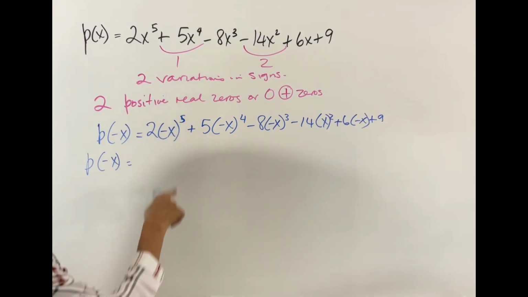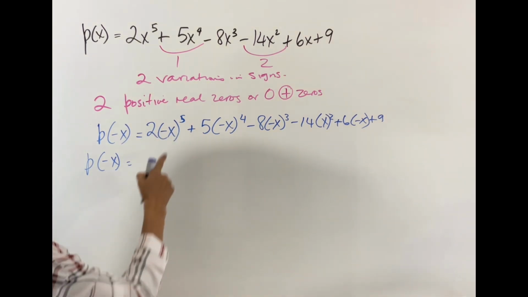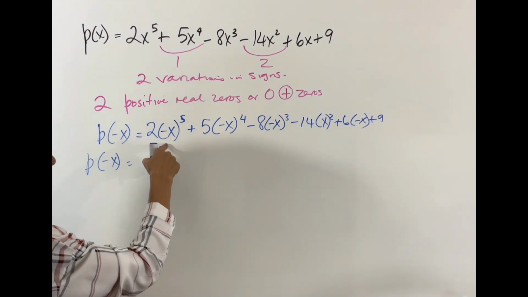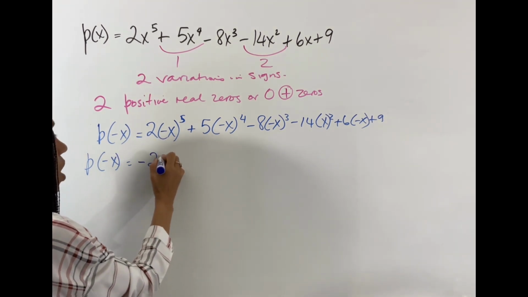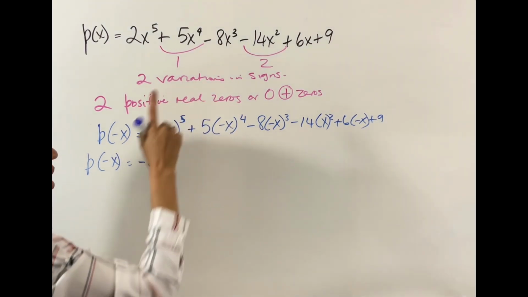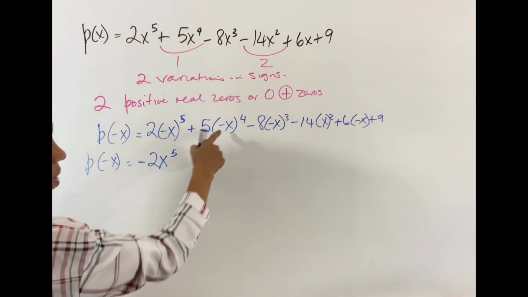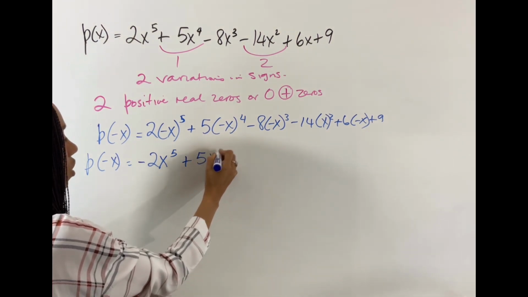Let's simplify this. Because our exponent is odd, this simply means that we will end up with a negative value here for the x. So we have negative 2x to the 5th power. And because this exponent is even, then we will end up with a positive x here. So it's going to be positive x to the 4th power.